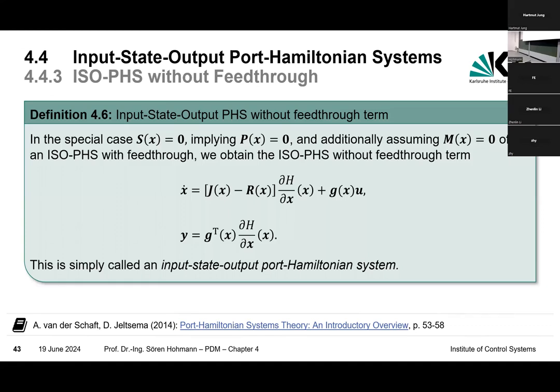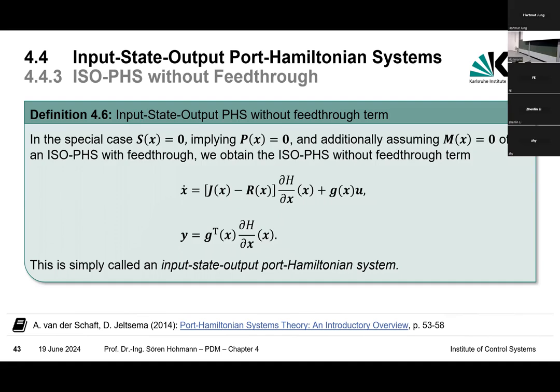to practical examples. There you end up with the state x dot equal to (J minus R) times the state variables plus G u, and the output is y equals G transpose times the states, and that's in a linear setting. Here we have the most general one. It's a non-linear system.